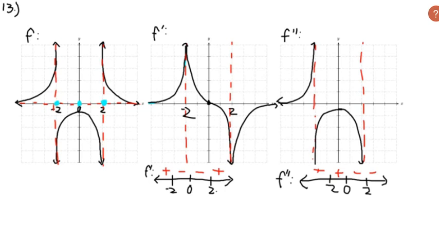So we can see that it starts really steep and then later becomes shallower and shallower. So it will be from a really big number to almost 0. And it increases, so it will be positive. And those are the graphs of f, f prime, and f double prime.